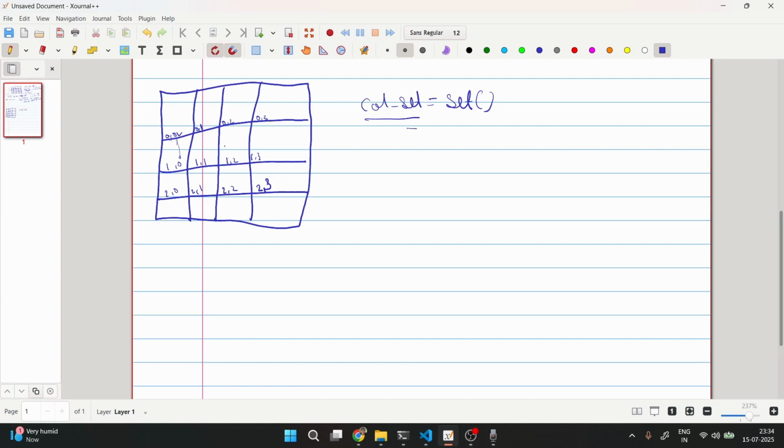If we try to put a queen in the same column again, we first check whether that column is present in this set or not. If not, we can put it and add it to the column set. Otherwise, we move to the next column. This will solve our column problem.